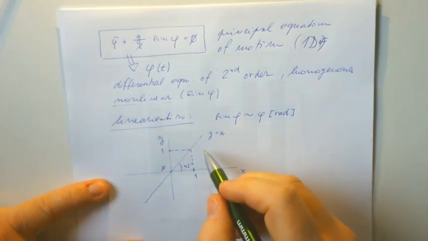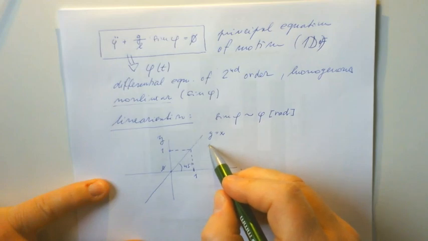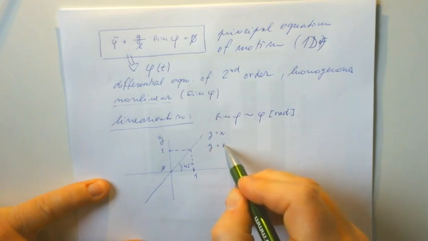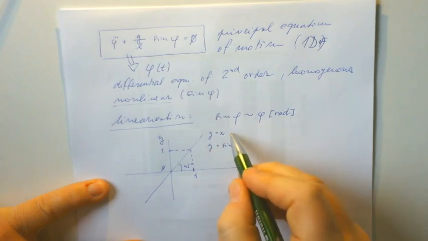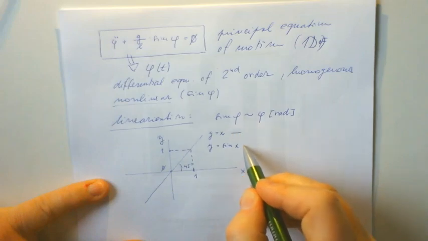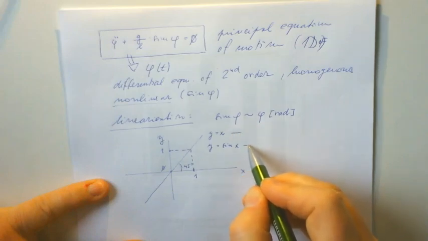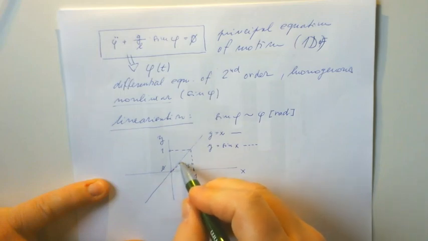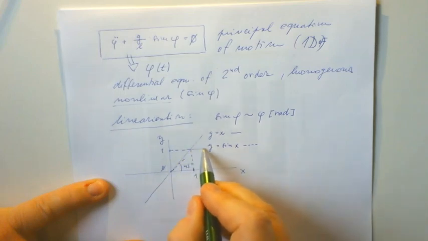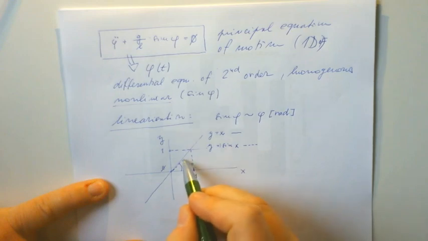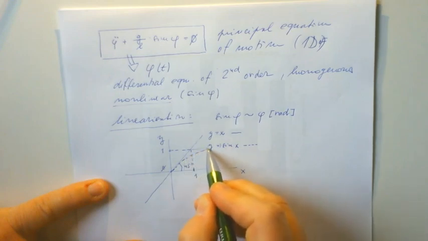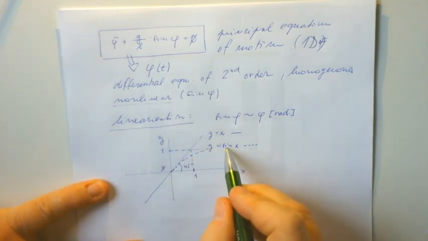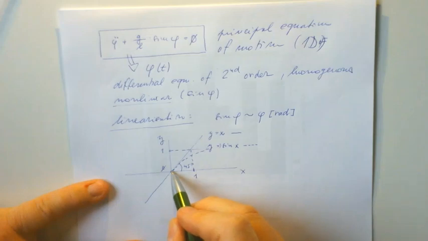If we draw a sine curve, so it means y is equal to sine x, this is a solid line and this will be a dashed line. Okay, there is amplitude 1. So this curve starts from the angle 45 degrees too.